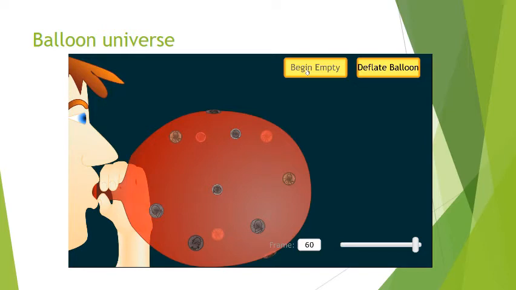Not because they're moving along the surface of the balloon, but rather the surface of the balloon itself is expanding. So again, the same analogy: distant galaxies are not fleeing the Milky Way galaxy in that they are not moving through space, but rather they're just being carried along for the ride as space itself expands.